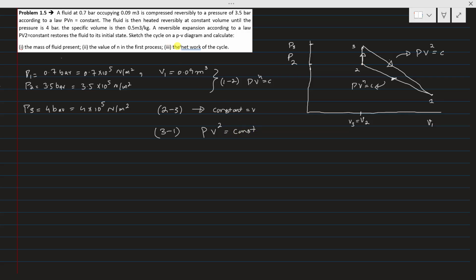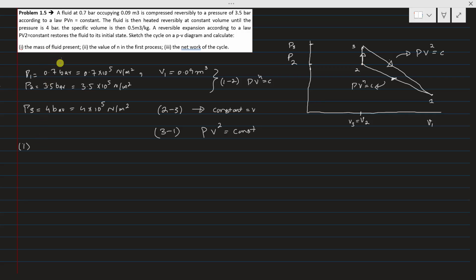I hope you understand the statement and how I draw each step on the PV diagram. If you understand it this way, believe me, you can solve any kind of question in the exam. I hope you have cleared your concept. If you're still in confusion, you can ask.